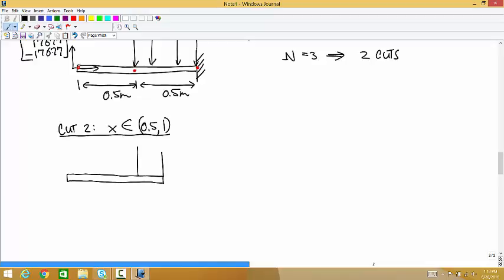And there's going to be some part of that distributed load acting, no matter what your x is in that range. This has a value of 25,000. We have that same force vector over here. And then we have the internal loads.